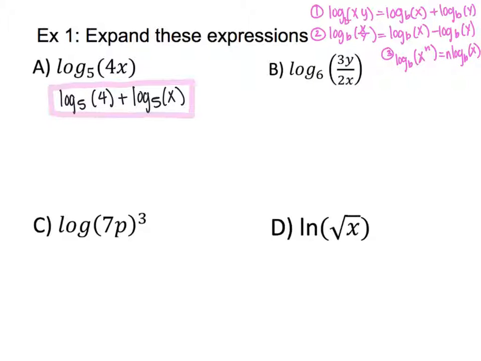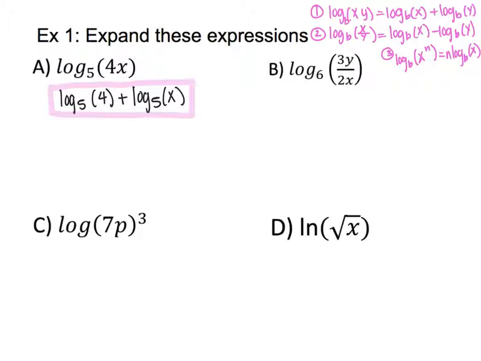So for B, one thing I immediately see is that there is a division here, right? I'm dividing 3y by 2x, but there's also multiplication here, like 3 times y, 2 times x. So what do I do first? Well, it doesn't really matter which one you do first, but it might be easier to start out with just the division part.